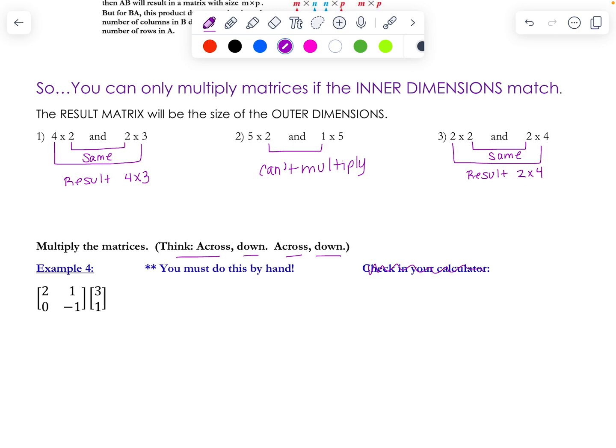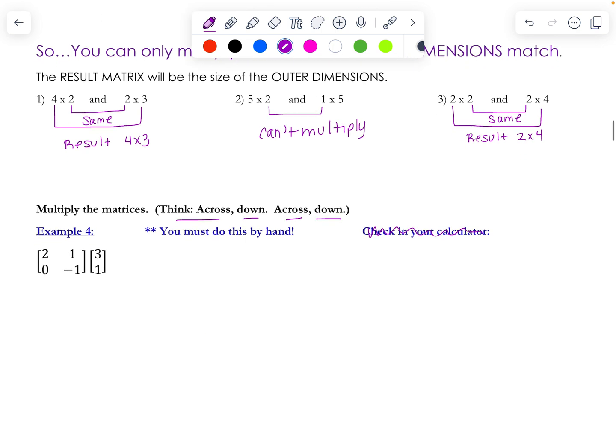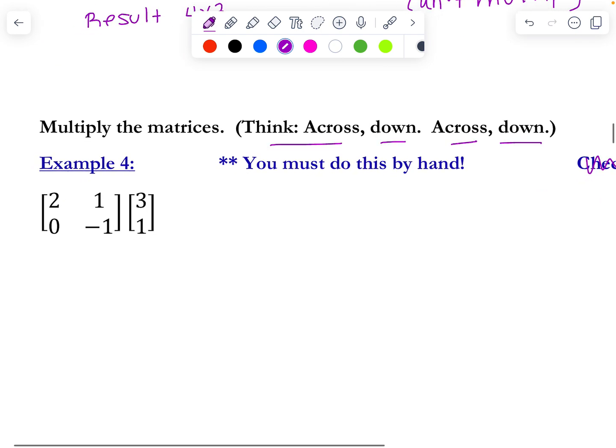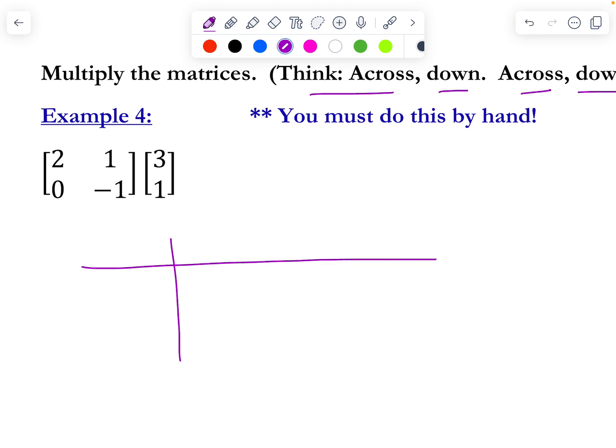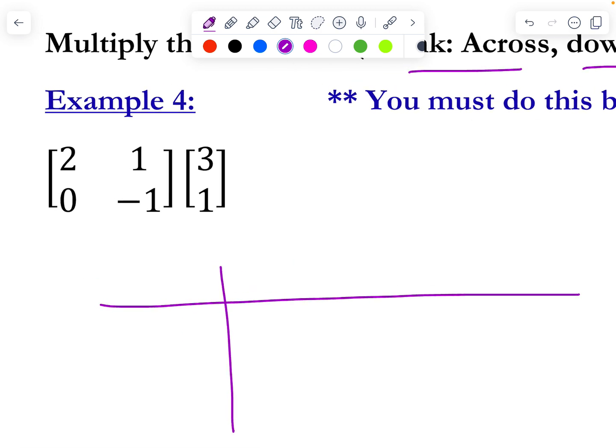But I'm going to show you a way to multiply. First of all, we look at this matrix. This is a 2 by 2, and this is a 2 by 1. So I can multiply those. My result is going to be a 2 by 1.